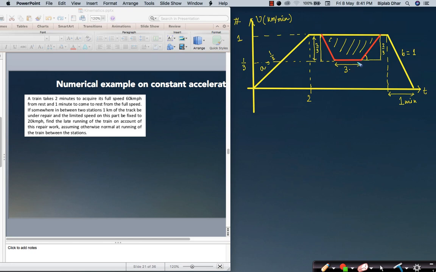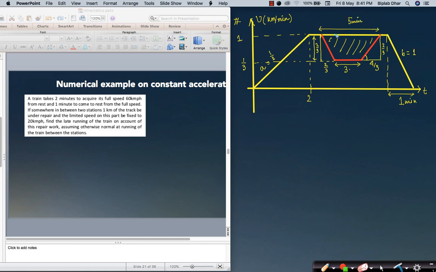That slope is half, so if it is 2 by 3, this distance must be 4 by 3, double of that. This slope is 1, so if it is 2 by 3, it is 2 by 3. So this entire time is 3 plus 4 by 3 plus 2 by 3, that means 5. So this time is 5 minutes.